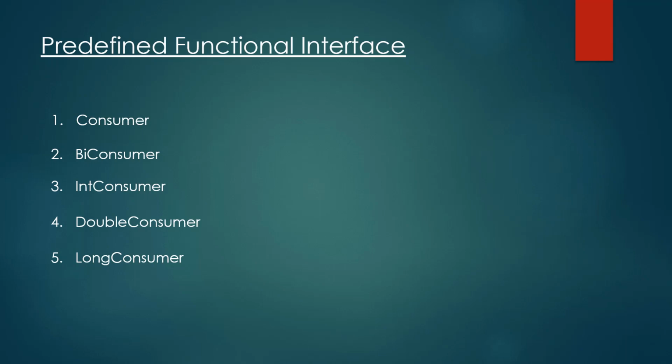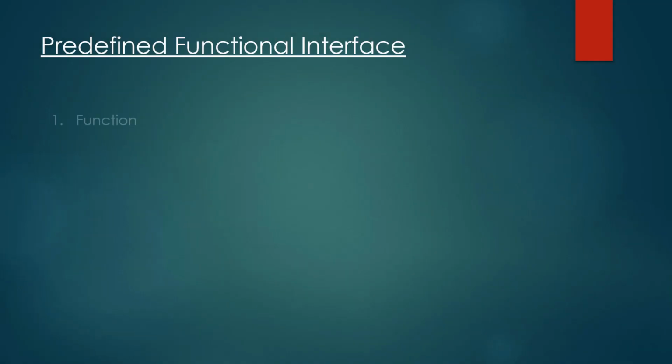Now, the next predefined functional interface we covered is Function. The job of this predefined functional interface is to accept an argument, provide an operation, and after that return an output. In the previous predefined functional interface, Consumer, we saw that we take an argument and provide an operation, but it will not return anything.